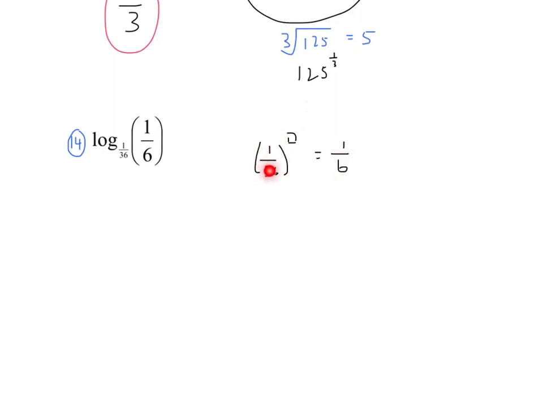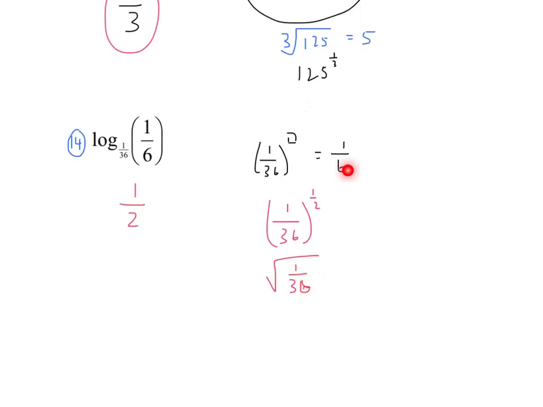We could take the square root of this to get 1/6. What power represents a square root? It's the power 1/2, because 1 over 36 to the 1/2 power is the same thing as the square root of 1 over 36, which is 1/6.